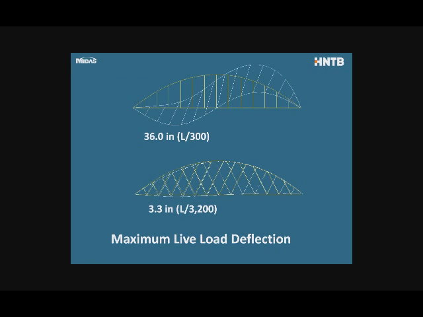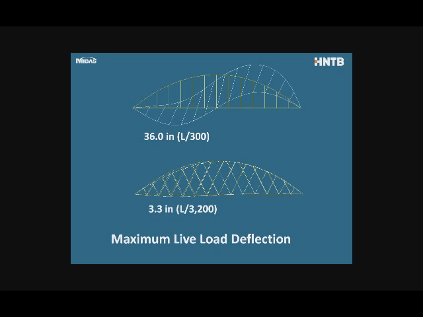So let's begin with a comparison of the deflections. Here we go. In the upper picture, this is again just under this live load. Upper picture, L over 300, 36 inch of live load deflection. This is a study we did for Blennerhassett Island.